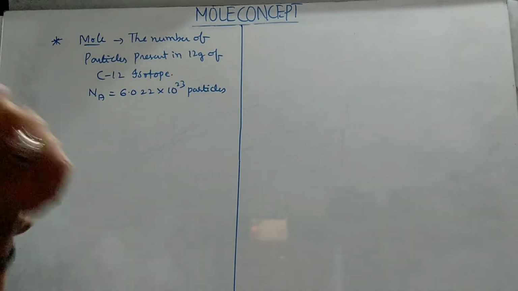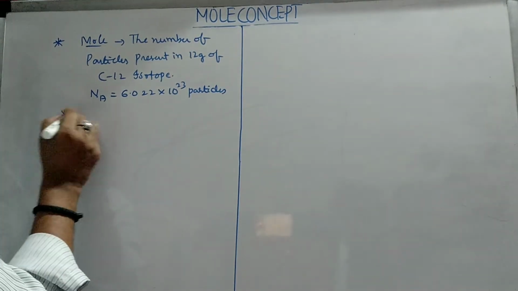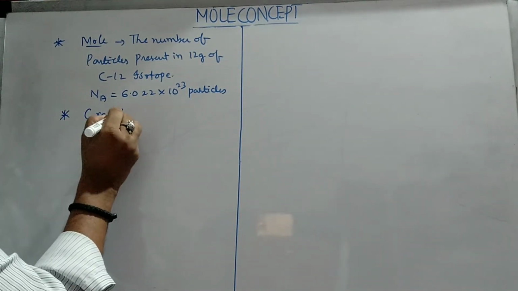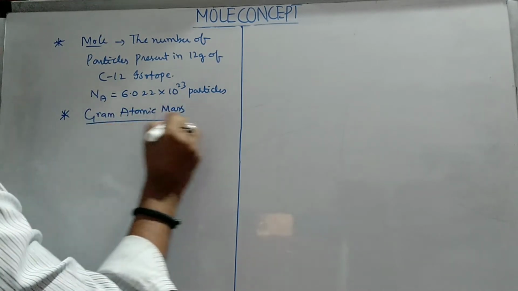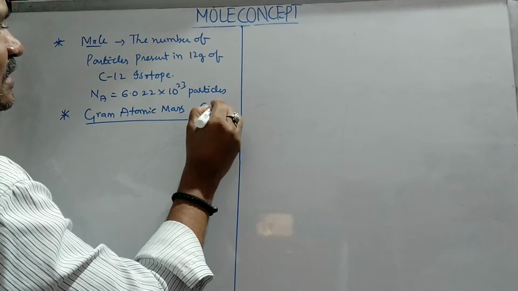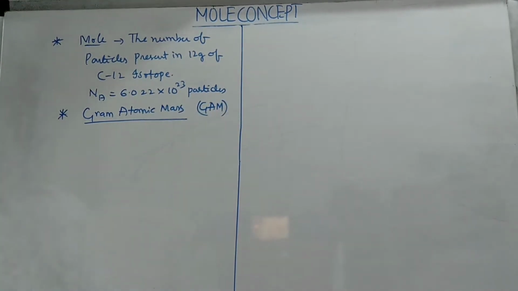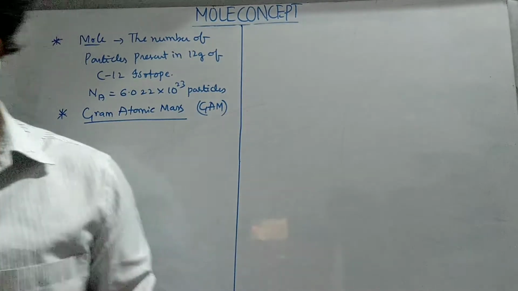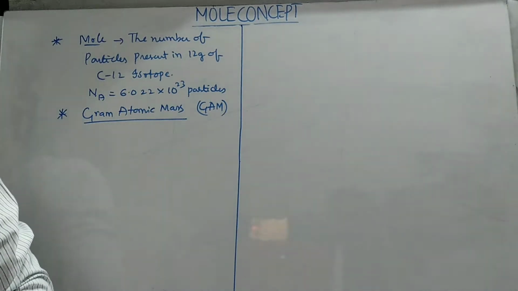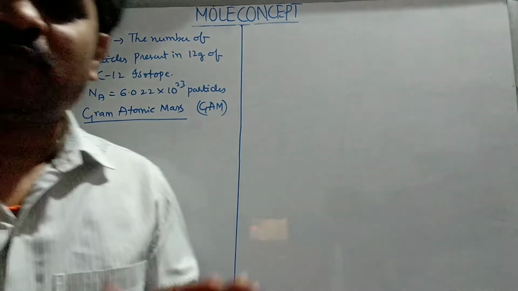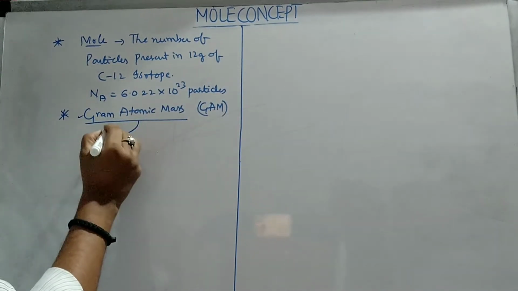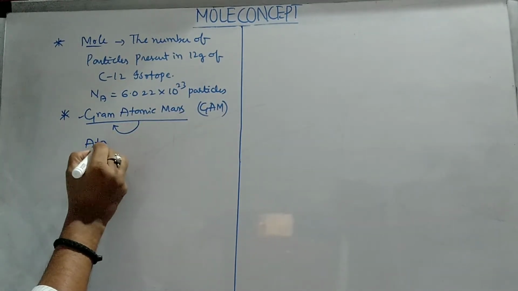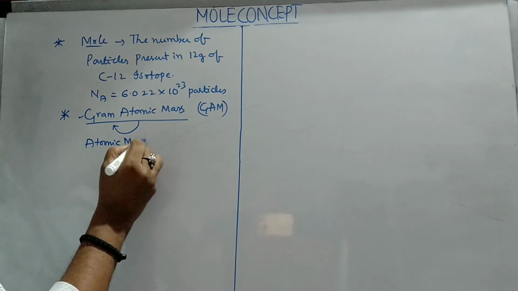Now, in this class we are going to learn about gram atomic mass. It is represented as GAM. GAM stands for gram atomic mass. As the name itself says, it is atomic mass expressed in grams.